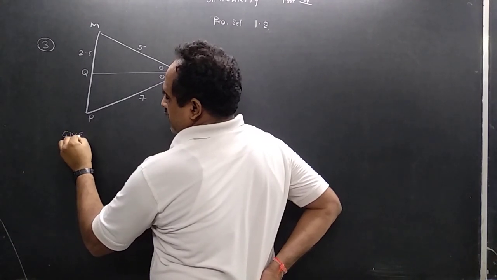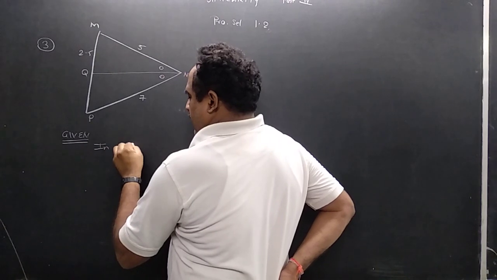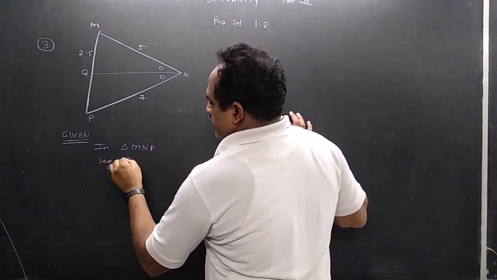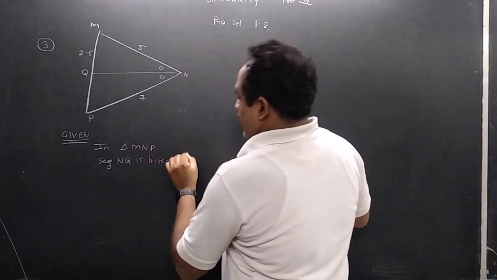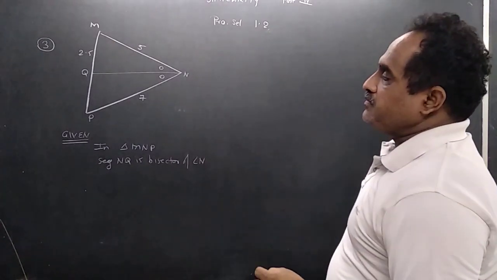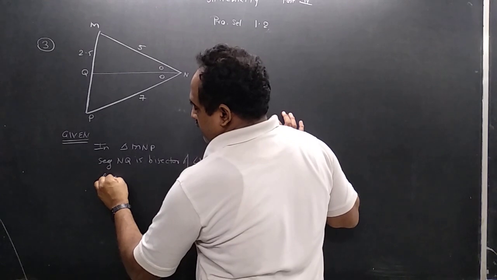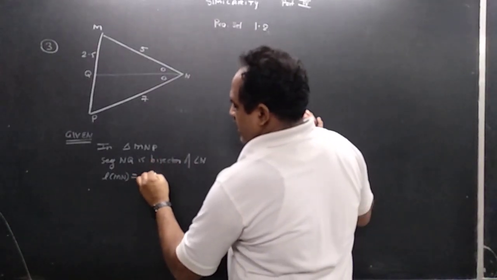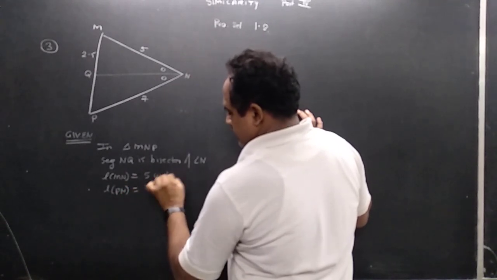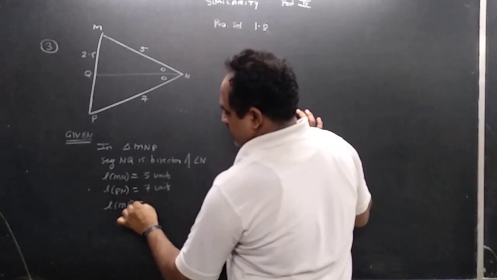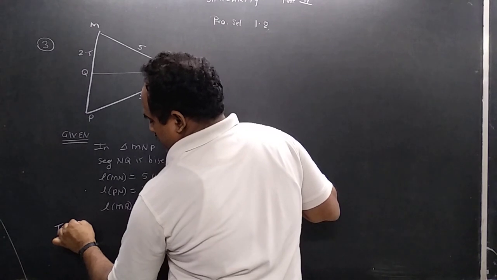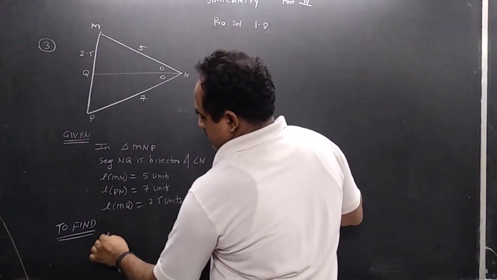Given in triangle MNP, segment NQ is a bisector of angle N. Next, if length MN is equal to 5 units, and length PN is equal to 7 units, MQ is equal to 2.5 units, then find QP. To find, what is that? QP.